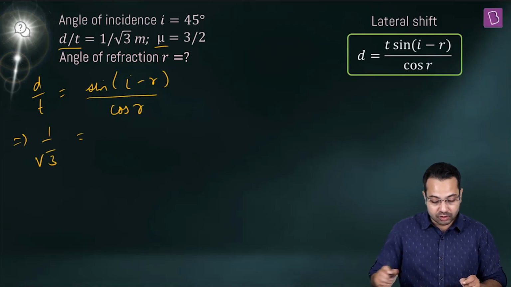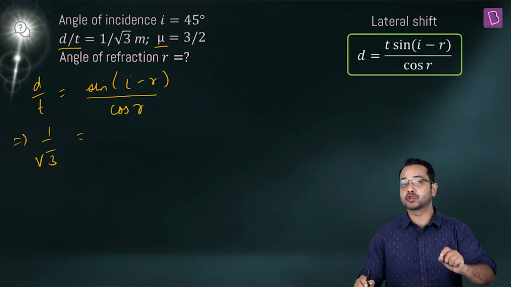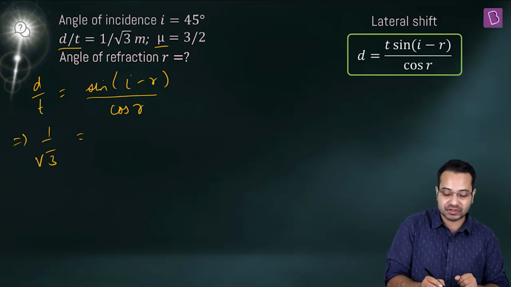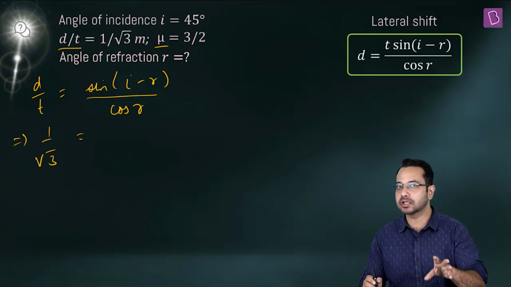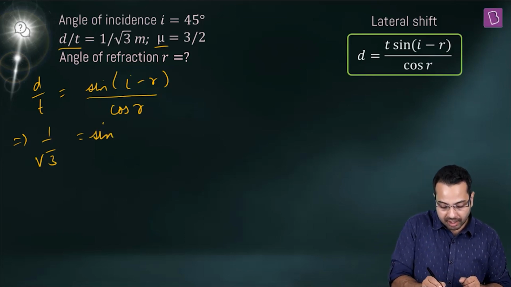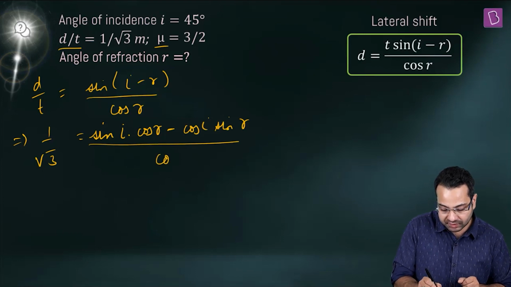Now can we write sine (i minus r) as sine (A minus B)? Sine (A minus B) is sine A cos B minus cos A sine B. So this becomes (sine i cos r minus cos i sine r) divided by cos r.